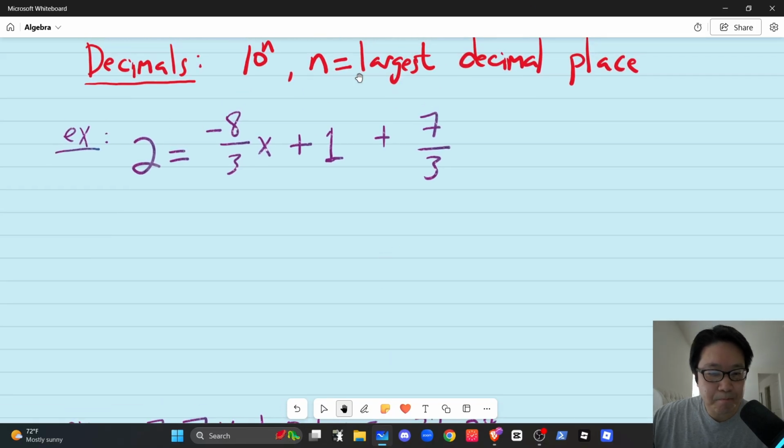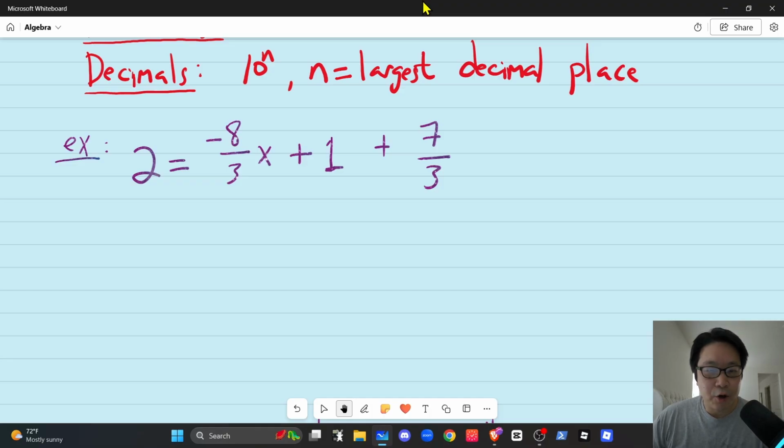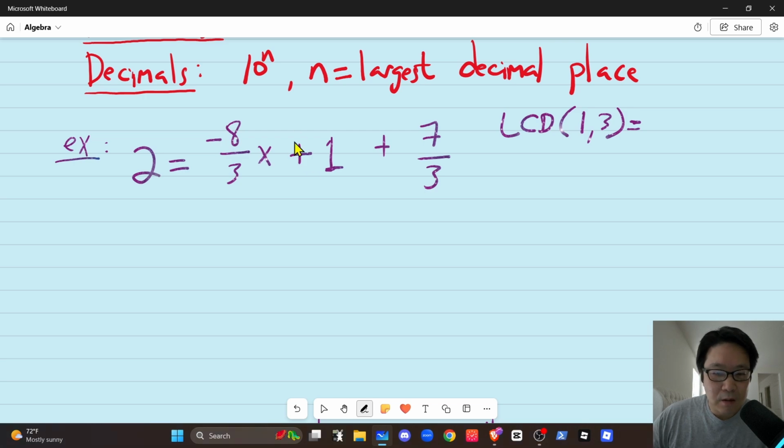So in this one, with the fraction, all you're going to do is multiply both sides by the LCD. So what is the LCD of this equation? Well, it's going to be the LCD of 1 and 3. Notice we have 2 and 1, both of those are over 1, essentially, right? 2 over 1 equals 2, and 1 over 1 equals 1.